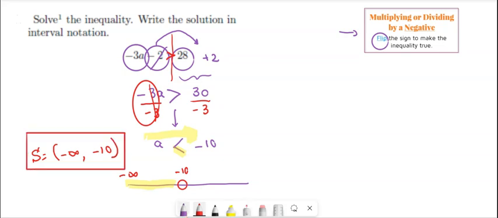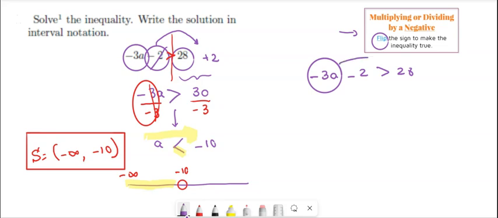Okay, let me show you a different method. You can use the same inequality, so 28 here. Another way to do this, to avoid flipping the sign, is to move the minus 3a. We don't have any objection against moving the negative terms, only whenever you multiply or divide.